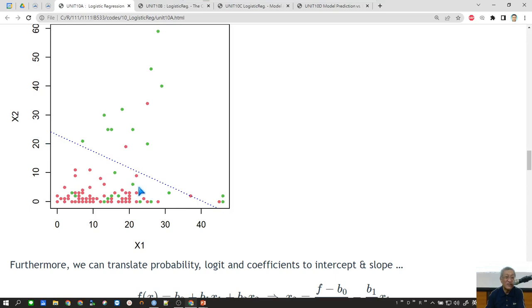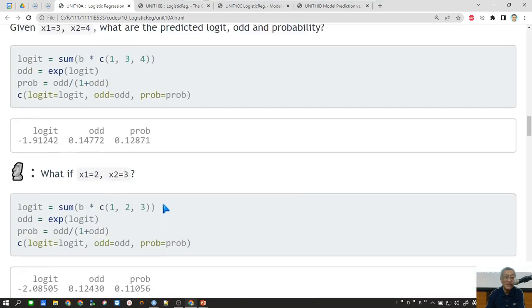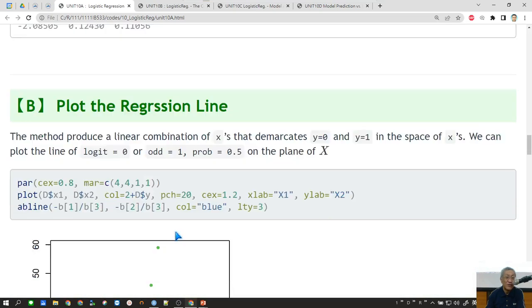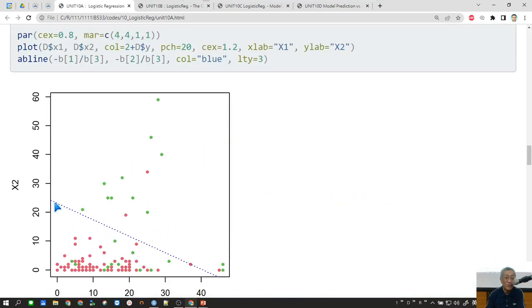This regression line is actually, if you set this expression equal to 0, right? When this thing is equal to 0, it would map into this line, okay?